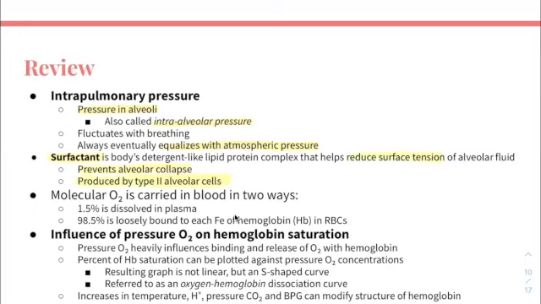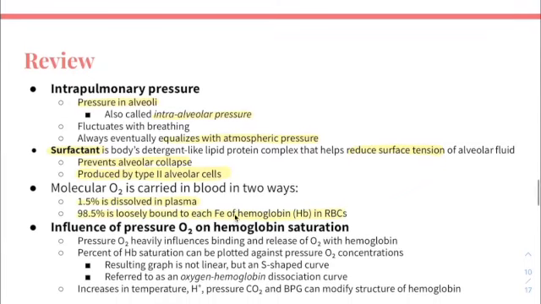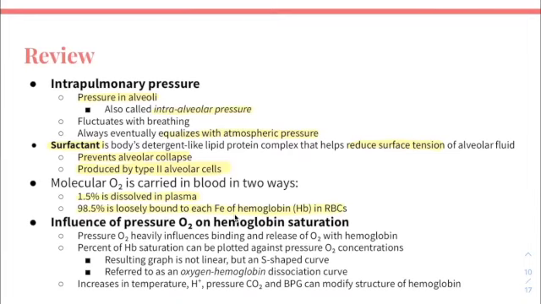Oxygen, of course, is carried in the blood. The majority of it is bound to hemoglobin in red blood cells, but there is some of it that does get dissolved into that plasma. So how much oxygen we carry in our blood is going to depend on oxygen's binding and releasing ability with that hemoglobin.